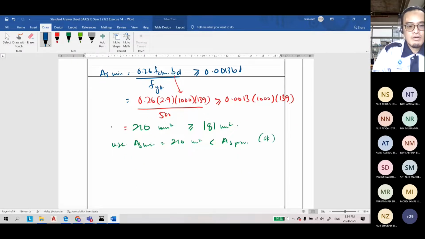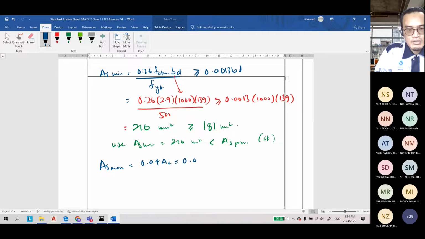And then As maximum is always equal to 0.04 Ac, equal to 0.04 bh. Always h, not the d.